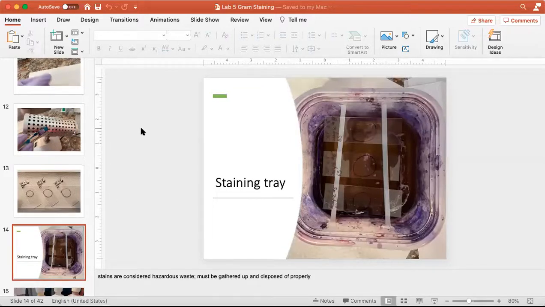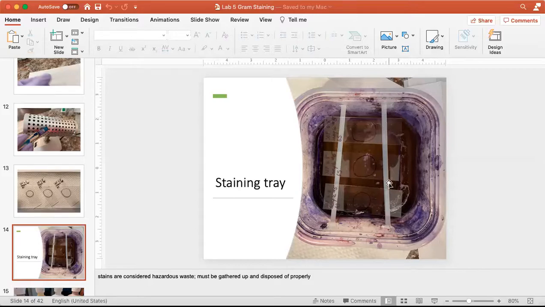What you're looking at on this slide is a very low tech, very inexpensive piece of equipment that we call a staining tray. These come in all shapes and sizes, but they're usually homemade. Very, very easy to make, very inexpensive to make. You can see I've just got an inexpensive plastic food container here.